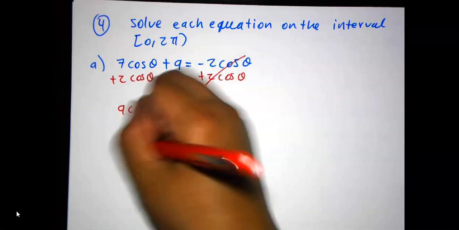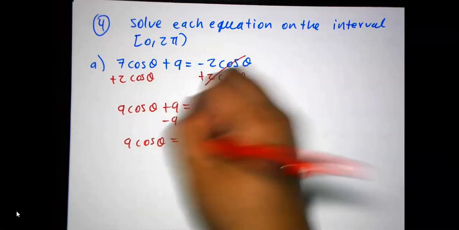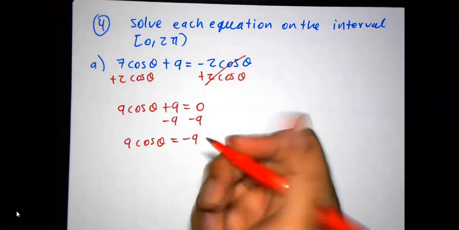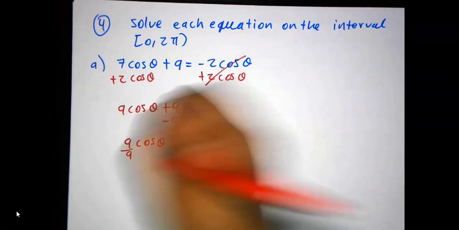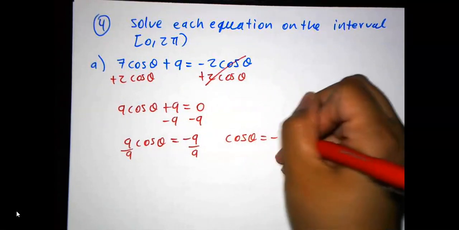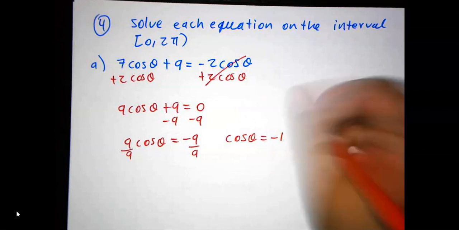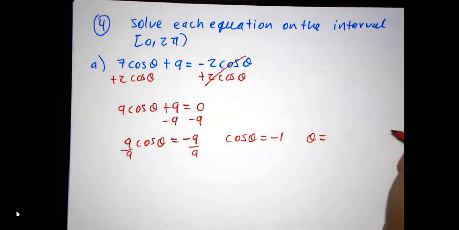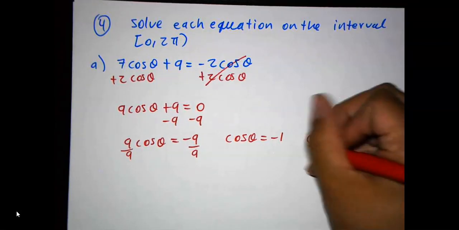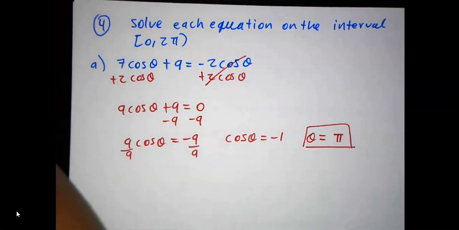So then I have 9 cosine of theta equal to negative 9. And then we are going to divide. So then I got cosine of theta equals negative 1. You look at the unit circle, at what angle is the x value negative 1? And it only happens at pi.